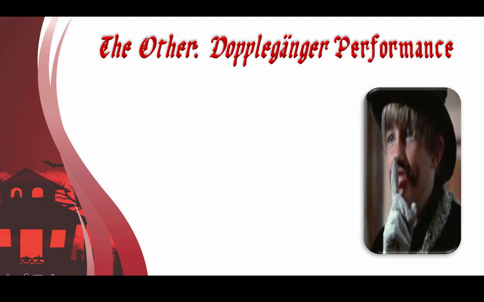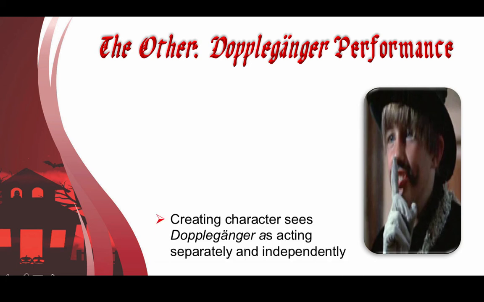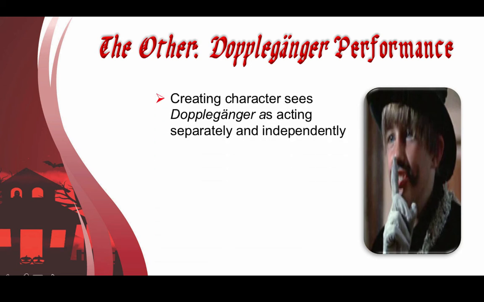Let's talk about the performance component. Now, another aspect of the doppelganger, according to Weber, is that the doppelganger does act. There is a performance component. In most cases, the creating character sees the doppelganger as acting completely independently and separately. Certainly this is true in The Other.